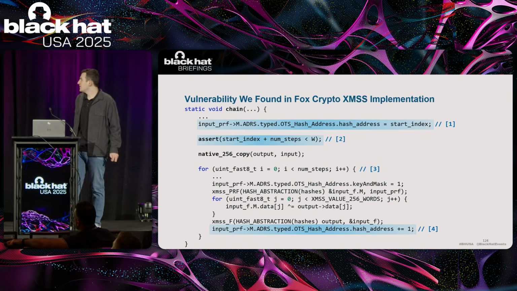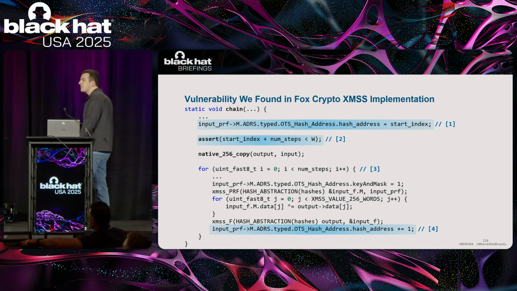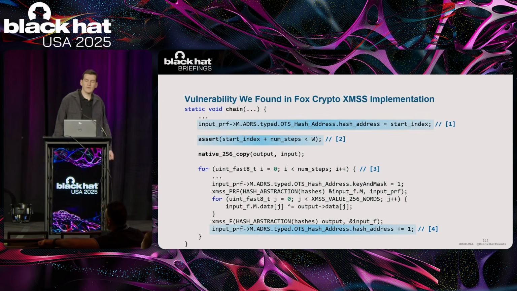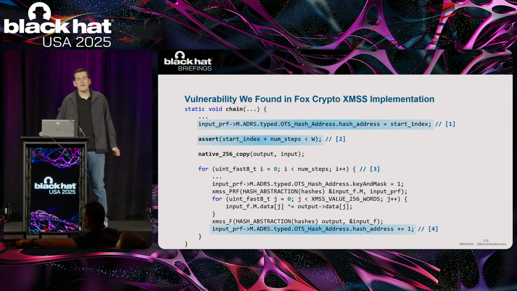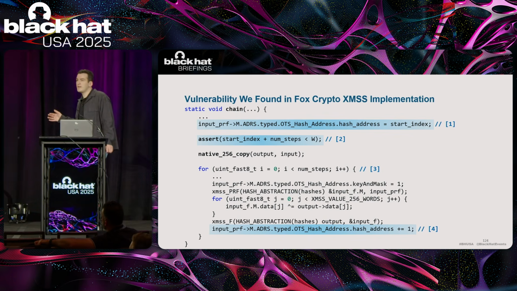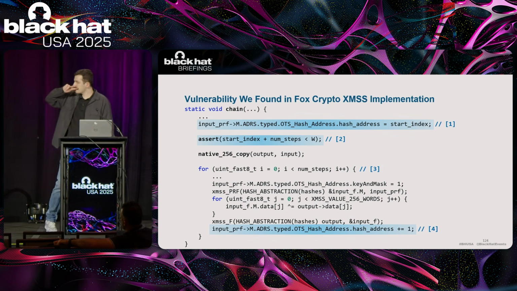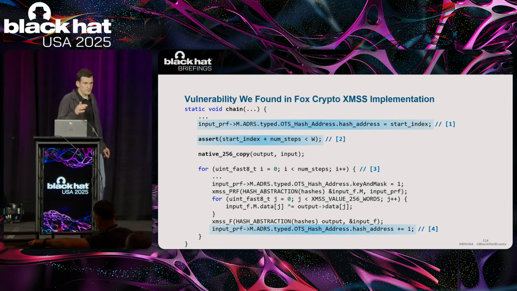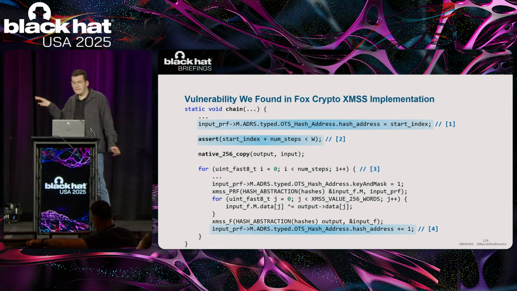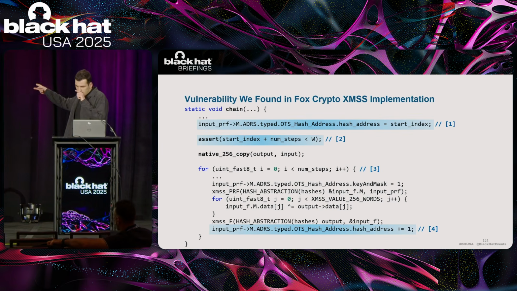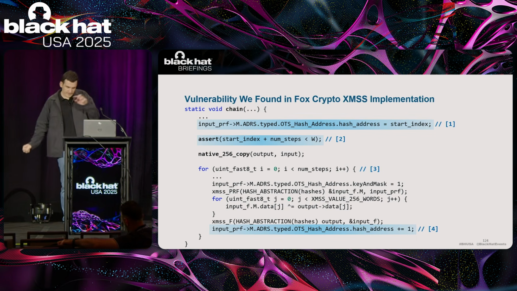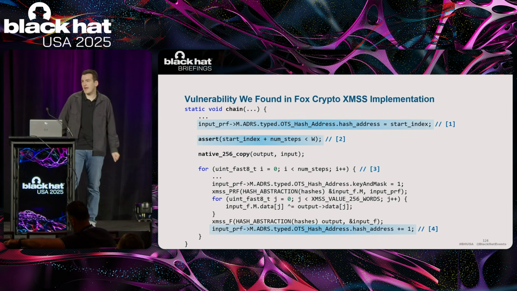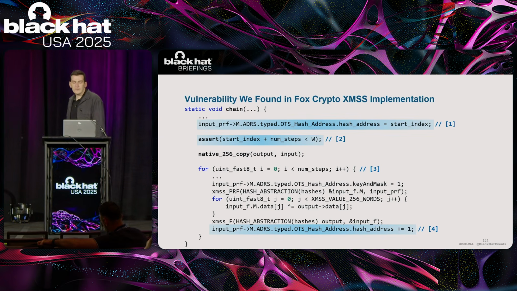The partial hash chain skip is not possible with a single fault, because even if you change the value of the start index to 1, you have to apply another fault to the second assert. Or if you attack the for loop with a partial hash chain skip to hash less, then the values of 1 and 4 will not be equal, and in the later part of the firmware it will catch this and return false.